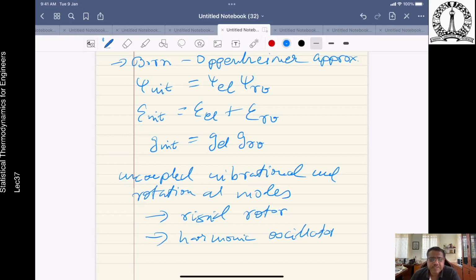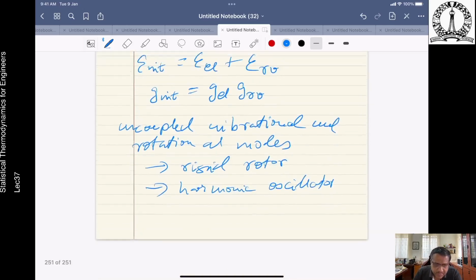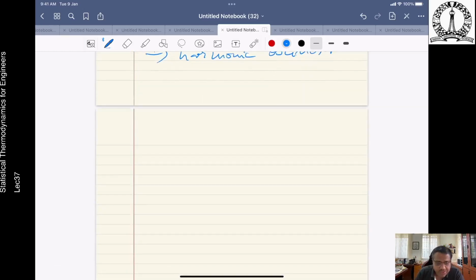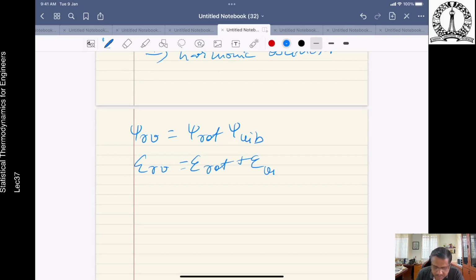So Schrodinger's wave equation could now be written in terms of independent potential functions for both the rigid rotor and the harmonic oscillator. They produced independent energies and degeneracies. So the rovibrational was further divided into rotation and vibration, and E RV was divided into rotation plus vibration, and the degeneracy g RV was given as g rotation times g vibration.